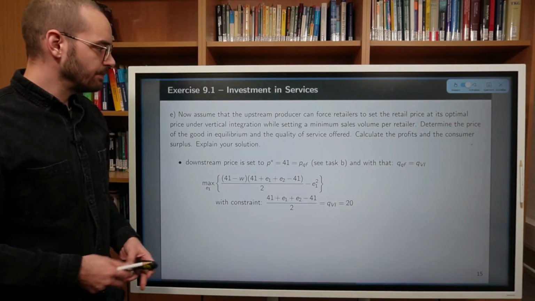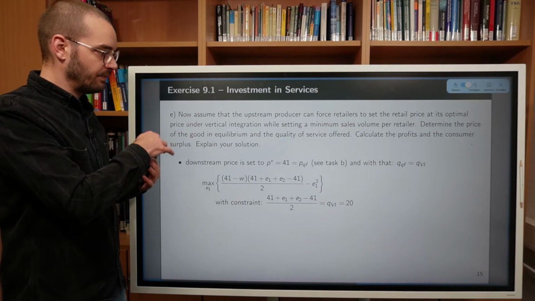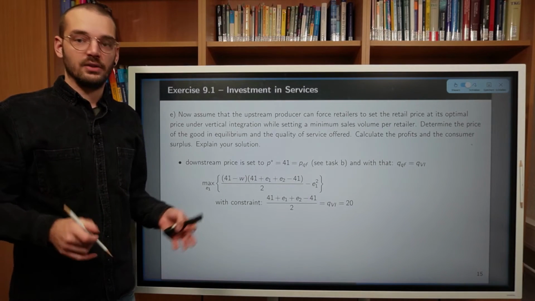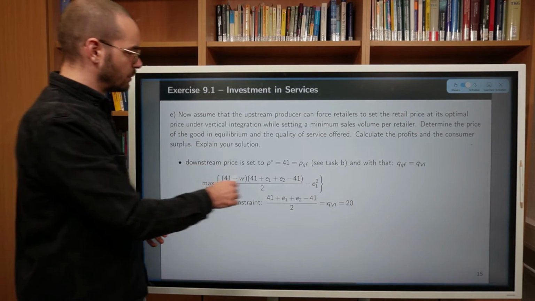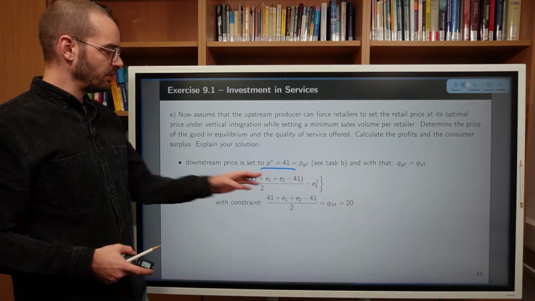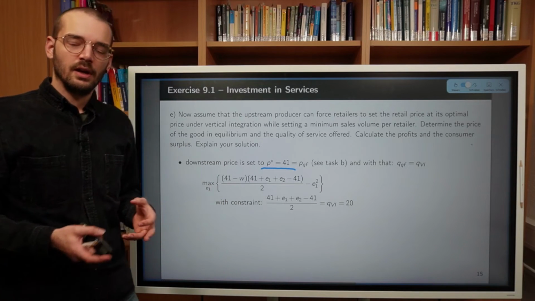At first, downstream profit maximization is not changed too much, because similar to what we just saw, the price is fixed at 41, so we already know that the profit maximization problem of the downstream firm is reduced.